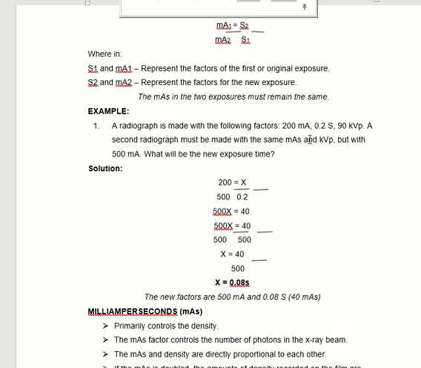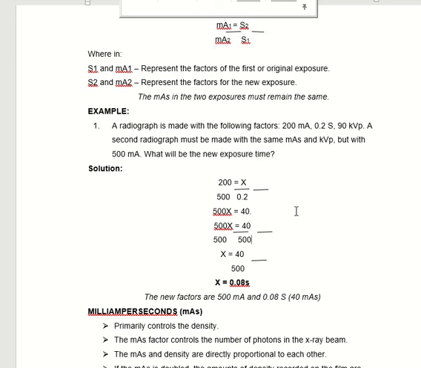For the second exposure, the new mA is 500. So this is the old mA, and this is also the old time. The kVp here is just a distraction, so we will not compute using the kVp. Instead, we will compute for time, because time is what we are looking for. So we will use this formula.